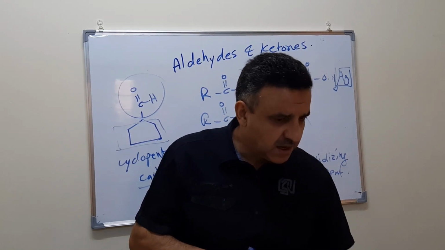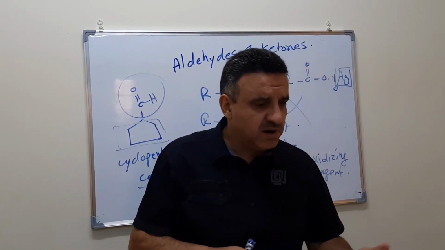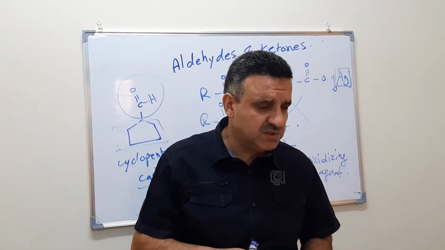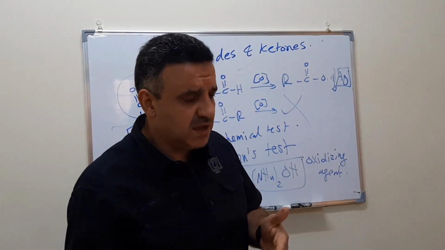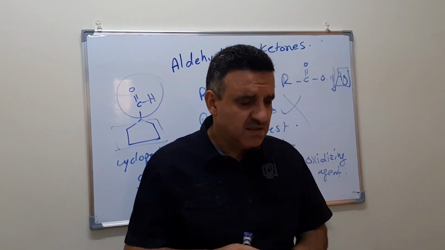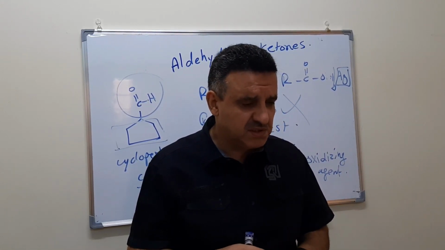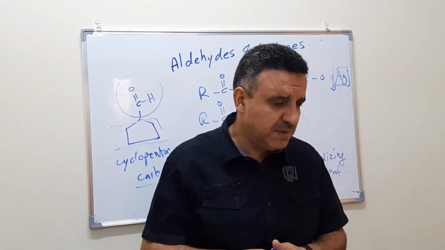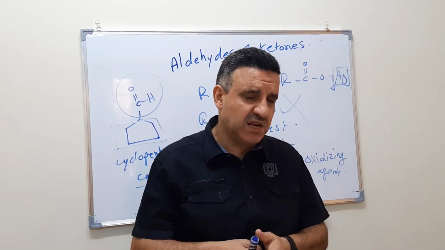Thank you. All right. Now, this slide is simply the reactions of the carbonyl containing compounds with reducing agents. I think we have discussed this many times in the previous chapters. We have two major reducing agents in organic chemistry.